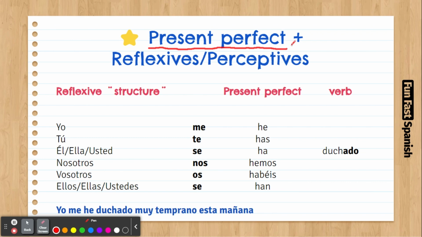So it's this: yo he comido, yo he caminado, yo he estado, and we were using these ado, ido endings, remember? Yo he comido, yo he corrido, yo he trabajado, and so on. Also, we said there were some irregulars: yo he hecho, yo he dicho. Yo he hecho is I have done, yo he dicho is I have said, yo he visto, I have seen, and so on. So now we're gonna mix that tense with reflexives and perceptives.